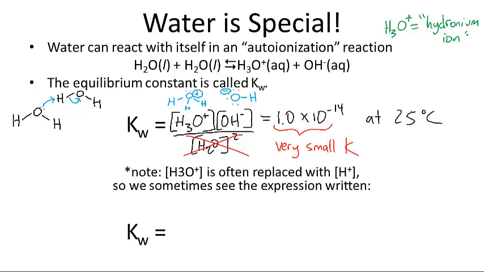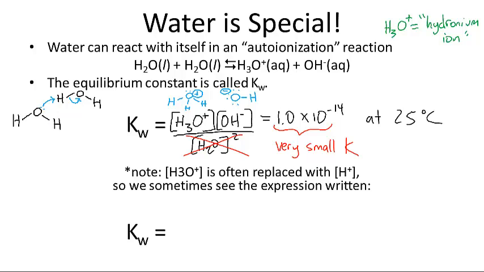So when you see references to hydronium, that's what they mean, the H3O plus ion. So this is an exchange of a proton from one water molecule to another. It makes two ions.